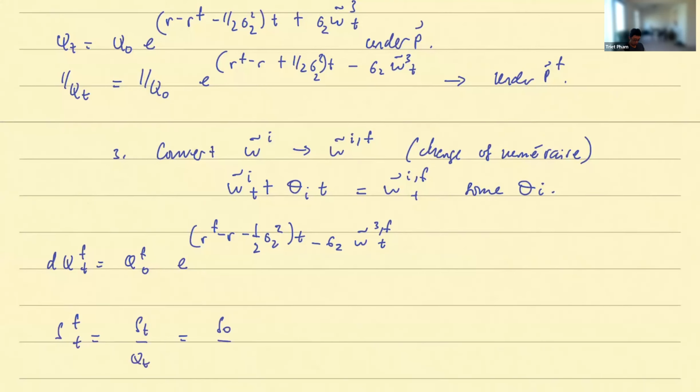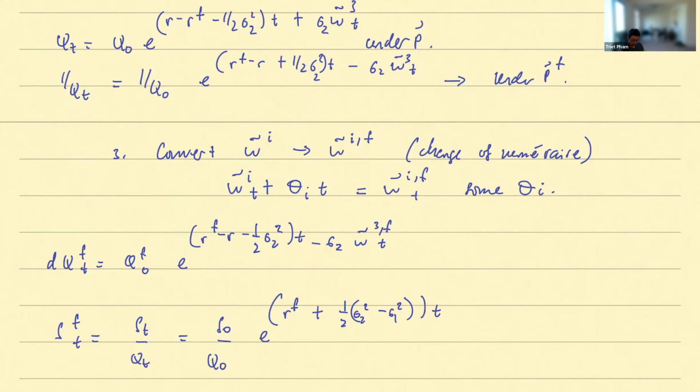It will be r_F here, plus one half of sigma 2 squared minus sigma 1 squared, and this whole thing times t.